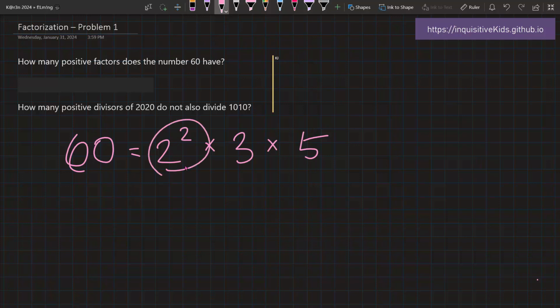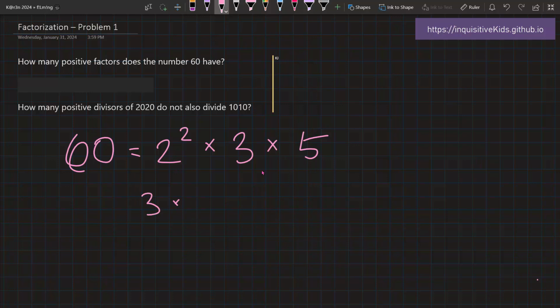For the first base, we have 2 to the power of 2. So we know that when looking at factors, each factor of 60 could either have 0 2's, 1 2, or 2 2's. Therefore, there are 3 options for this.